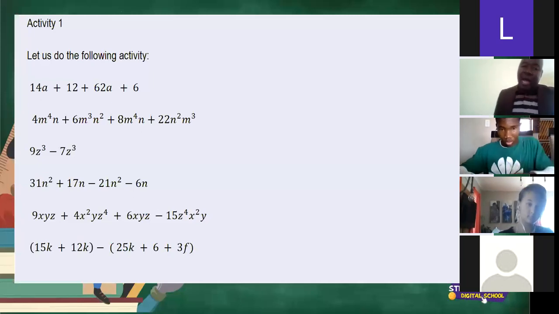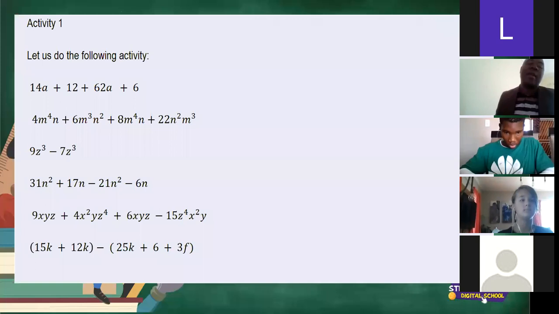Right. Now, this means that you have got two pairs of like terms. And of course, the first one is 4m to the power of 4n plus m, 8m to the power 4n. And the next pair will be 6m cubed n squared and 22m cubed n squared.